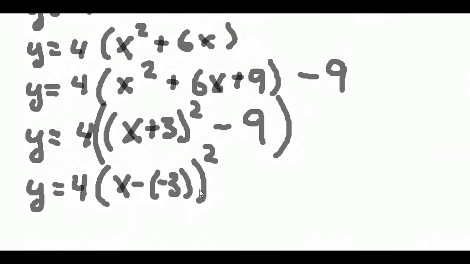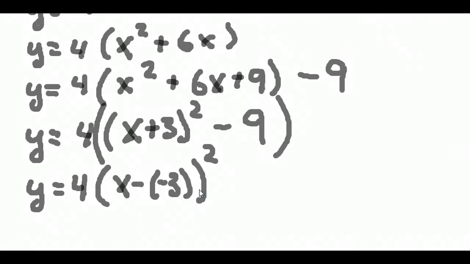Wait, can you read that whole step? Yes. So we have y equals 4 open parentheses x minus a negative 3. Because before it was a plus 3, and to make it into the proper negative format is minus a minus.